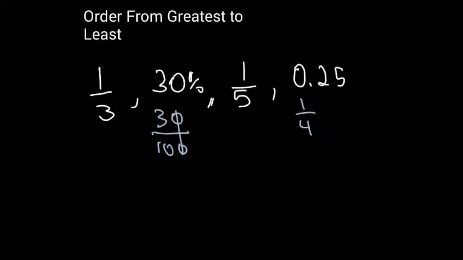So now I can order these from greatest to least. So my largest one would be the 1/3, which is 3 tenths repeating. So that's my greatest. Next would be my 3 tenths, or 30%.